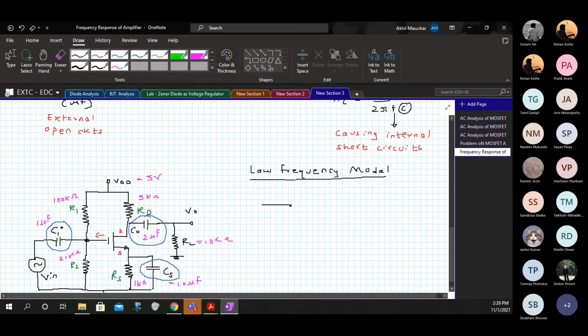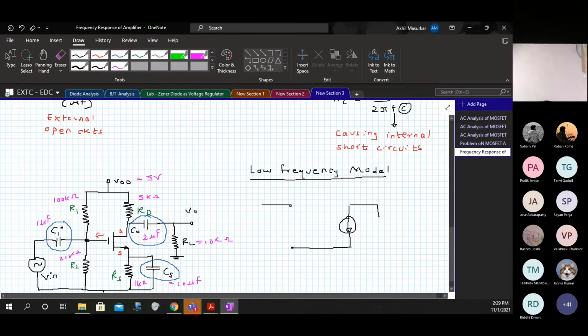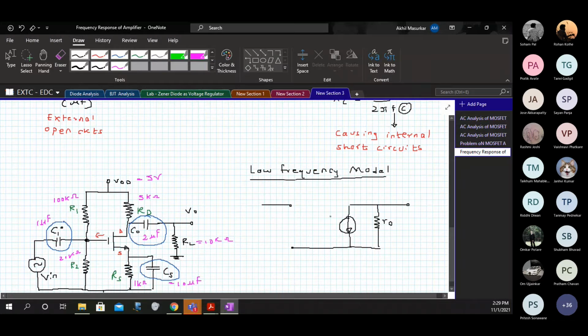What was the low frequency model? We can show it this way. We may or may not show R naught. This was your R naught, and other notations are the same.